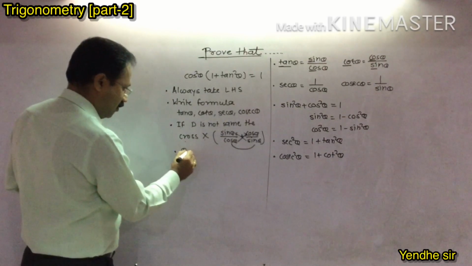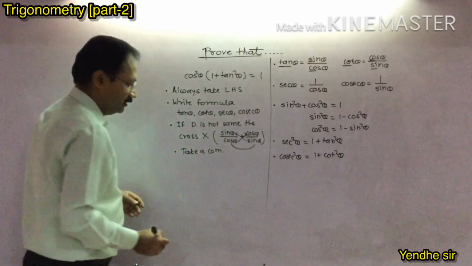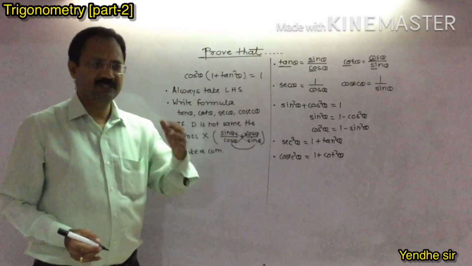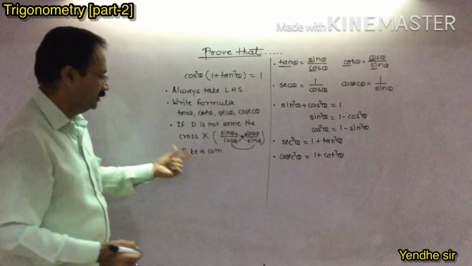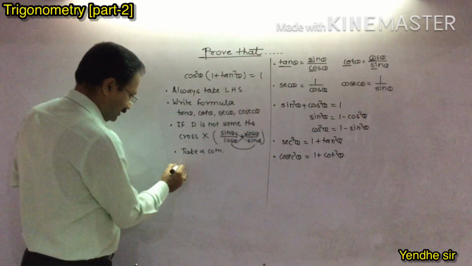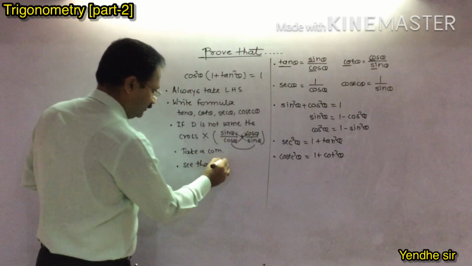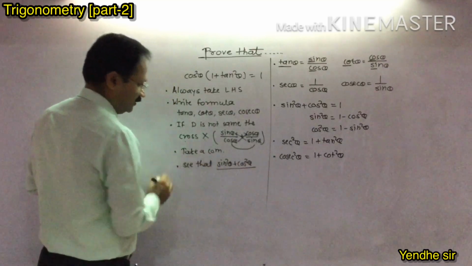Next, take a common. That you know it well. Take a common. Common means one thing which is double in the first part and second part. That you have to take common. Then see that sin square theta plus cos square theta is there.